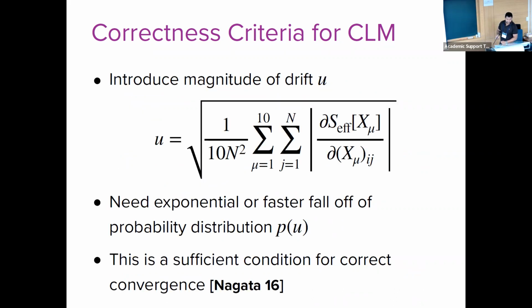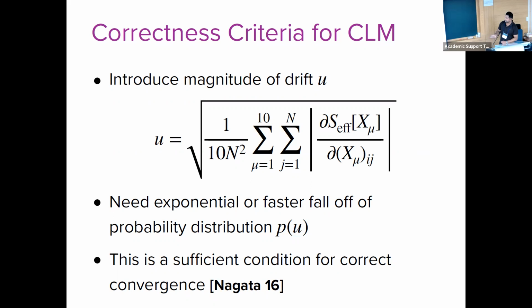So this was introduced in the work of Nagata and others in 2016. So introduce a magnitude of drift, which is given by this. So this is the drift, take the absolute value and normalize. In this way, we have 10 matrices. That is why 10 is coming here. Then the magnitude of the drift should fall off exponentially or faster.